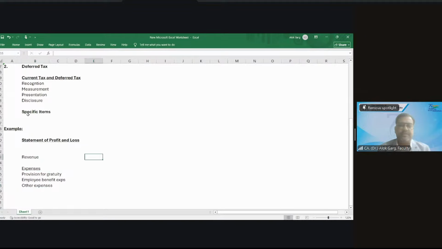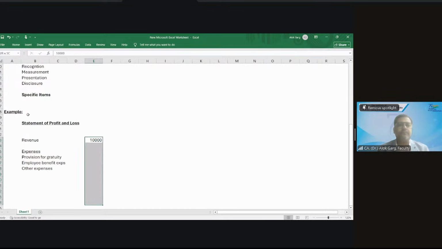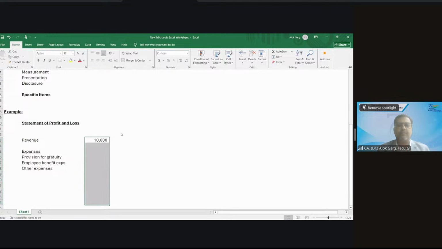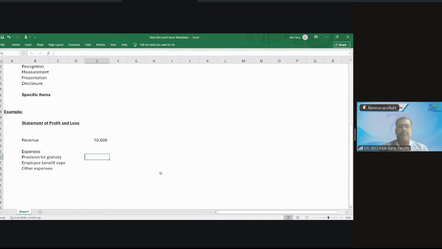The revenue is 10,000 rupees. Provision for gratuity is 10,000 rupees. Employee benefit expenses is 20,000 rupees. Other expenses is, let's say, 30,000 rupees.